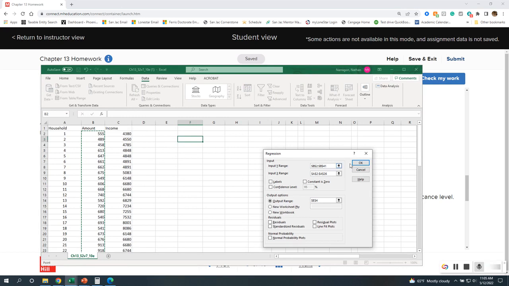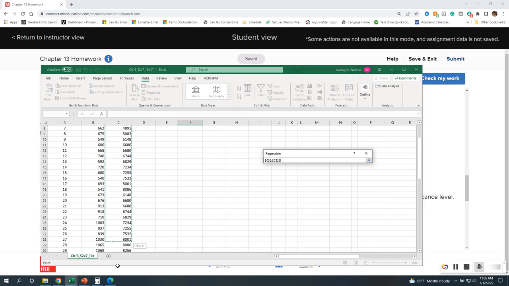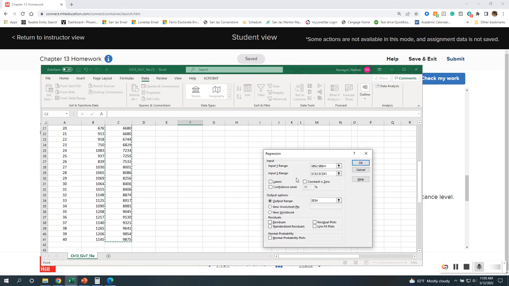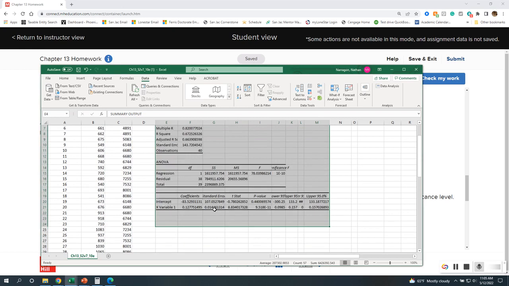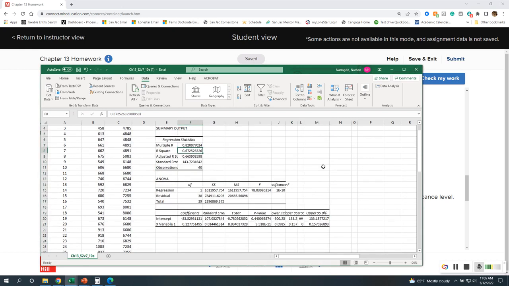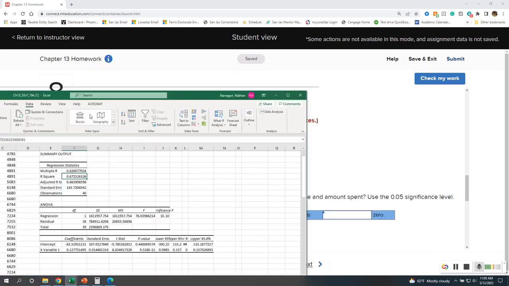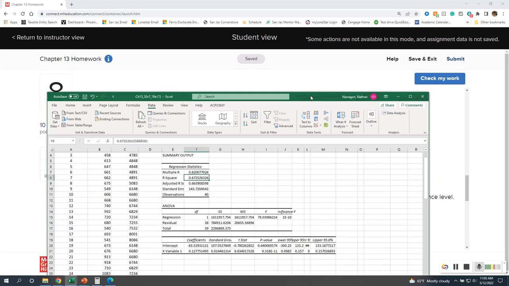So there's our Y. Our X is the income. Okay. We'll hit OK. And here's our regression analysis. Now remember, they're looking for correlation coefficient.